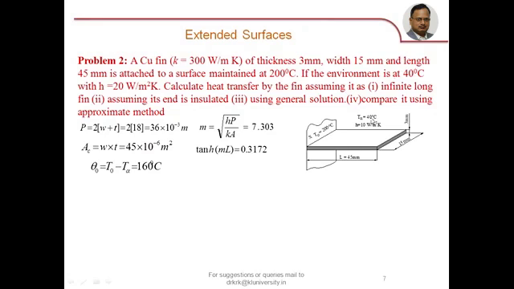If the environment is at 40 degrees centigrade with convective heat transfer coefficient 10 watt per meter square Kelvin, calculate the heat transfer from the fin by assuming it as number 1, infinitely long fin, number 2, its end is insulated, number 3, using general solution, and number 4, using approximate method, and compare the results.